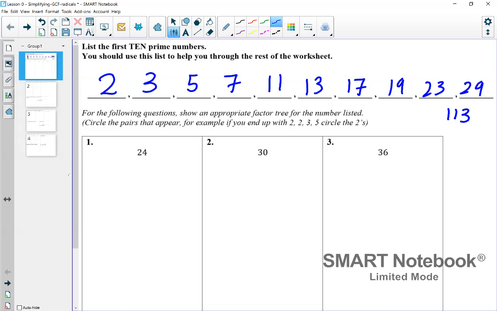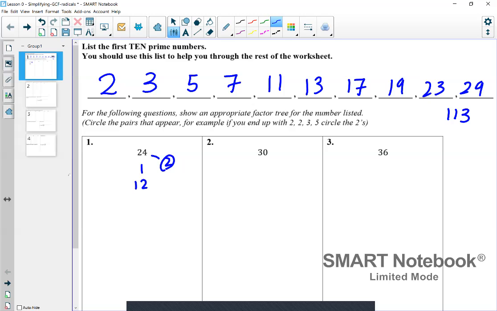I'll do the first one with you, and then you guys try it after this. So 24, let's see. If I want to break it down, I have to start with the smallest prime, which is a 2. Can I divide 24 by 2? Yes, I get 12. Now, how do I break down 12? Well, I could divide 12 by 4, 6. I can even try a different prime number, 3.